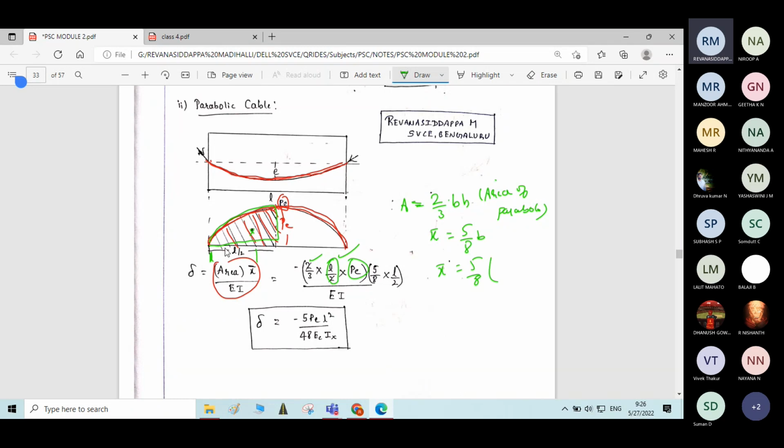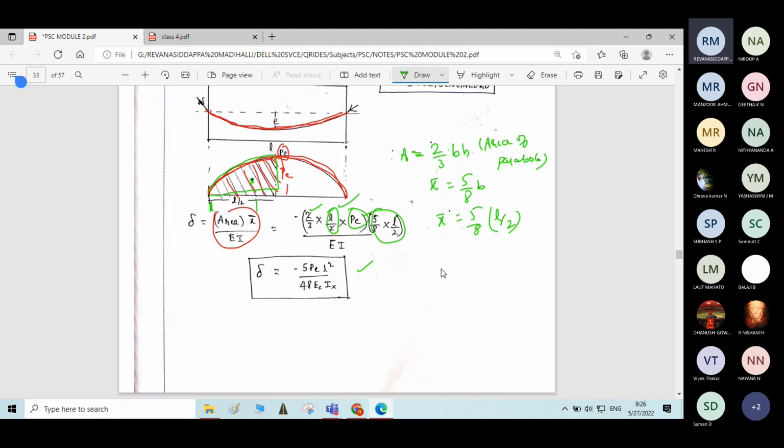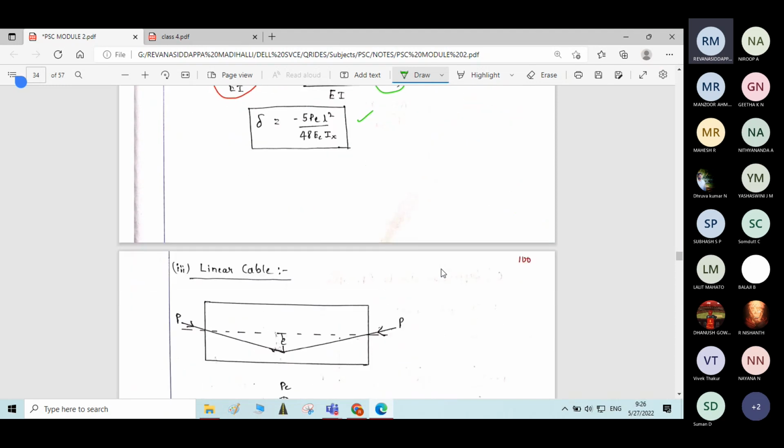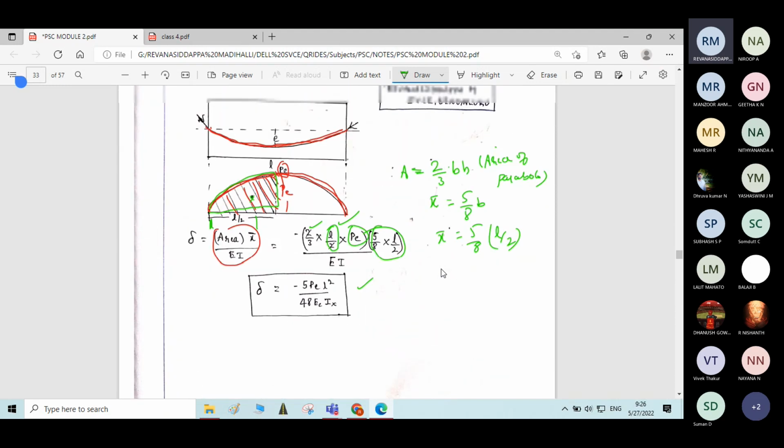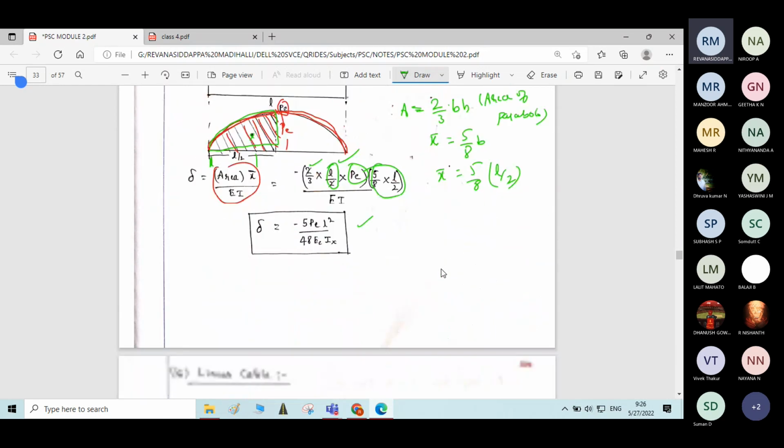Base width of the parabola, how much it is? L by 2. So same thing I have done, 5 by 8 of L by 2. Area into x bar divided by EI. Finally, we get the equation minus PEL squared divided by 48 EC into IX. This is how we find deflection due to parabolic cable.